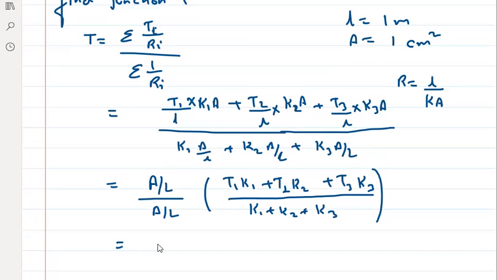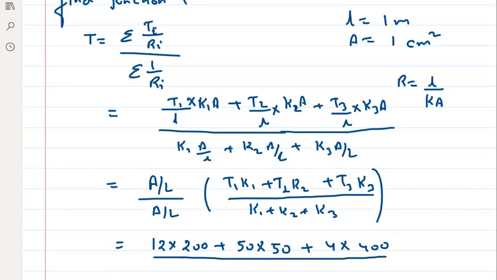Now put the value. What is T1? Let us assume that T1 is for aluminium, which is 12, into K1, again for aluminium, which is 200, plus T2, suppose for steel, which is 50, into K for steel, which is 50, plus T3 for copper, 4, into 400 for copper, divided by K1 plus K2 plus K3, which is 200 plus 50 plus 400.